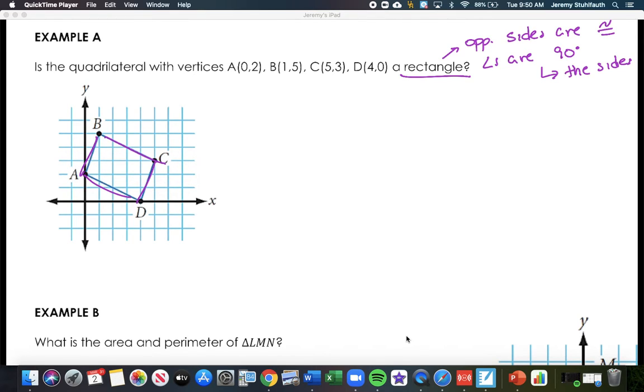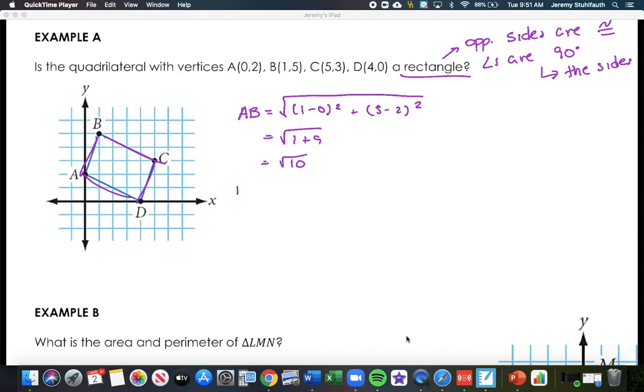If we want to find the distance between A and B, AB is equal to the square root of x2 minus x1 squared plus y2 minus y1 squared. So we have 1 minus 0 squared plus 5 minus 2 squared. That gives us the square root of 1 plus 9, which is the square root of 10. So AB is equal to the square root of 10.